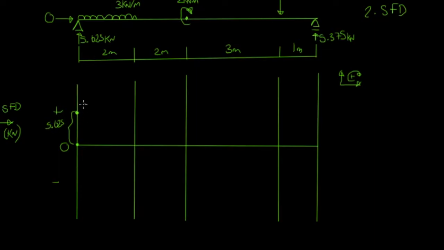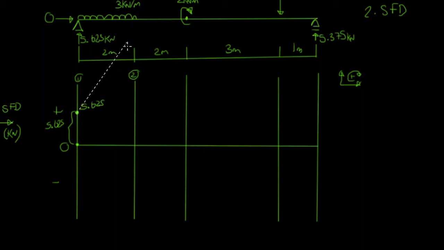So here, and this is 5.625. As we move from our first point across to our second point of interest, we know we've got a 3 kilonewton per meter line load which is pushing downwards. So this is going to send us linearly down at a gradient of 3 kilonewtons per meter.